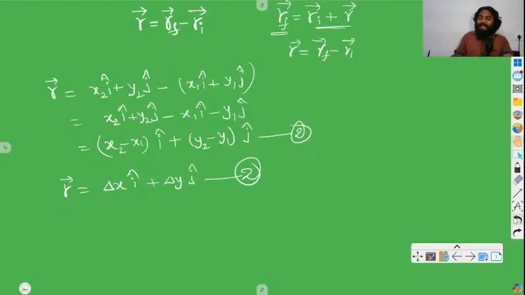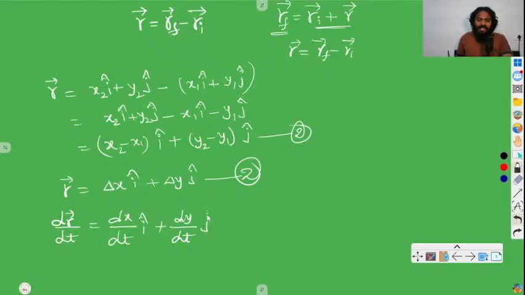If you want to calculate the velocity of the particle, then first take the displacement vector and differentiate both sides with respect to time. That means dr bar by dt is equal to dx by dt I cap plus dy by dt j cap.